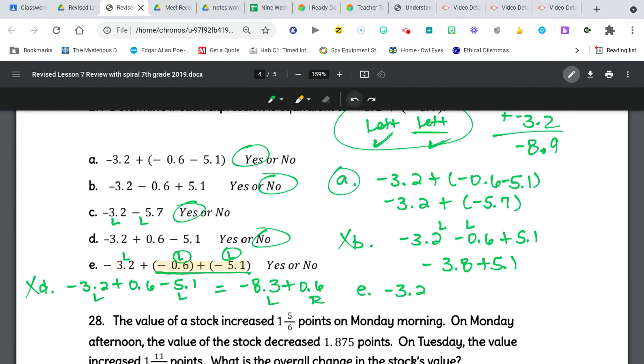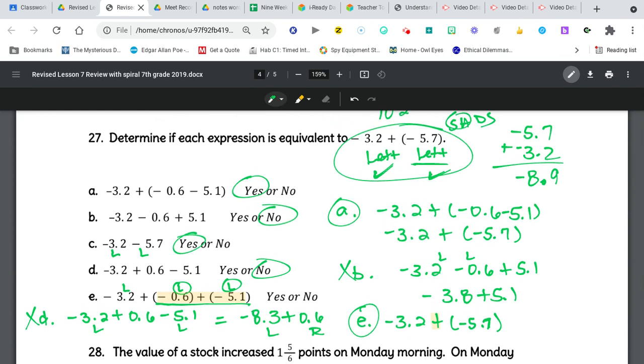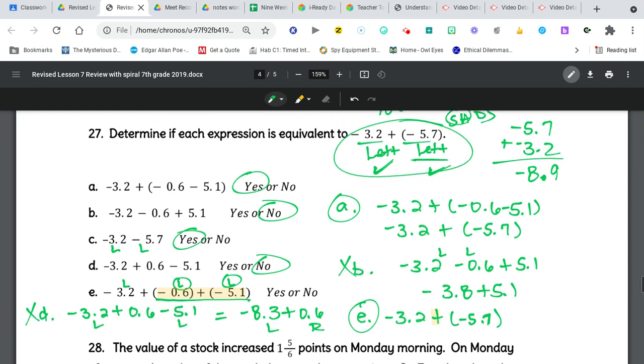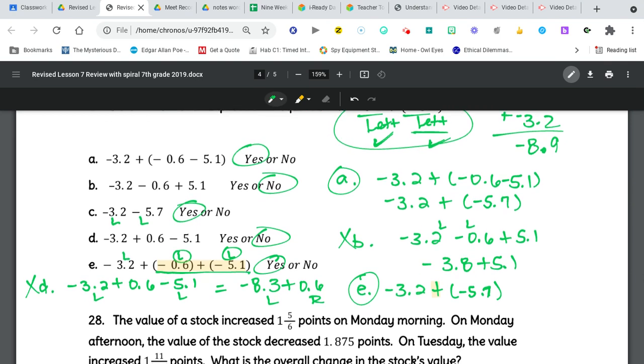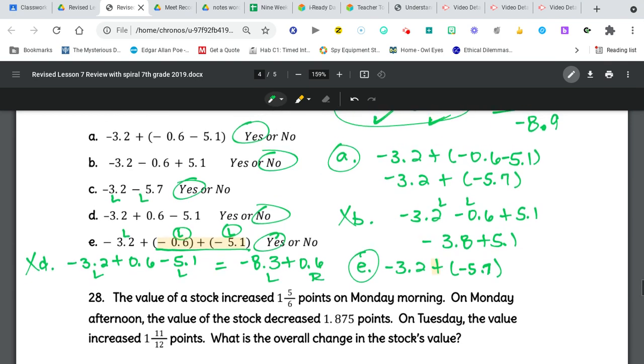If I just put those two together, they're both to the left. So that would be plus -5 and 7/10. You add them because they're both to the left. E also matches -3 and 2/10 plus -5 and 7/10. So E is a yes. Alrighty.